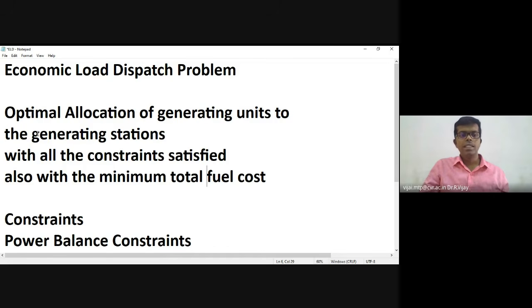Say for example, generator 1: for producing one unit you are spending around 20 rupees. Generator 2, around 15 rupees. Generator 3, around 10 rupees. Which generator will you choose for generation? Definitely we'll choose the least cost, the generator with a per unit cost of around 10 rupees.